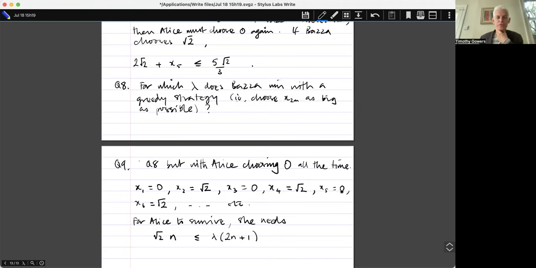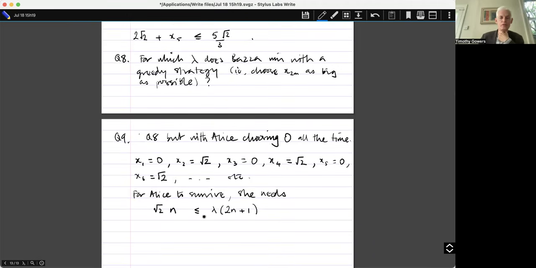So for example, at the 5th stage, she needs 2 root 2 to be at most 5 lambda. Yes, I think that is correct. So that needs to be true for all n.